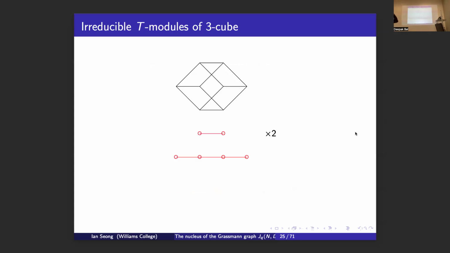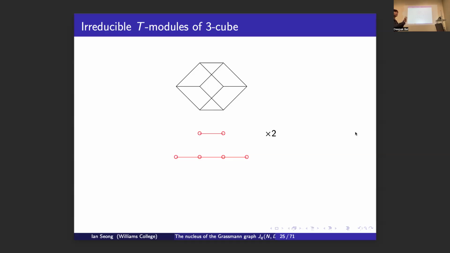I haven't actually written down what the vector spaces are spanned by because it's going to be super long. But the takeaway is we're going to have 3 types of irreducible T modules in this case. One type is where the irreducible T module spans all the way from the left to the right. And then we're going to have 2 copies of irreducible T modules that are different, but they're T module isomorphic.